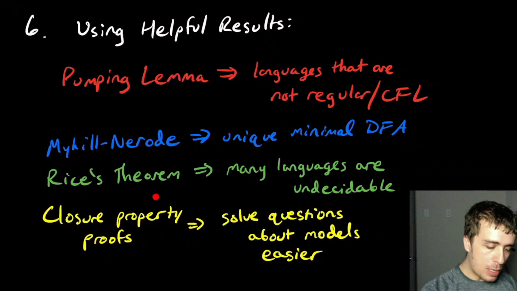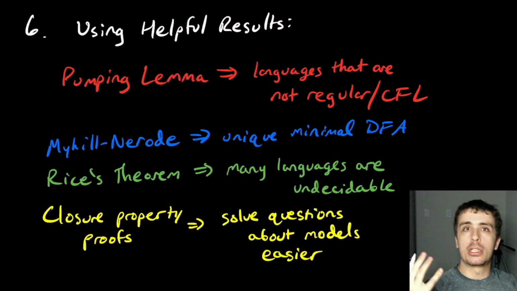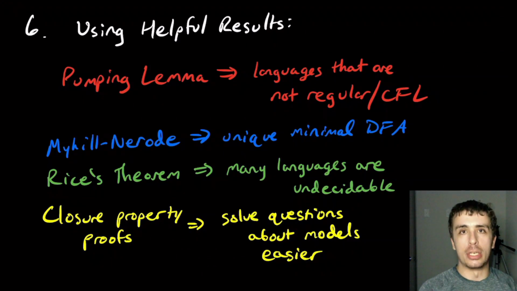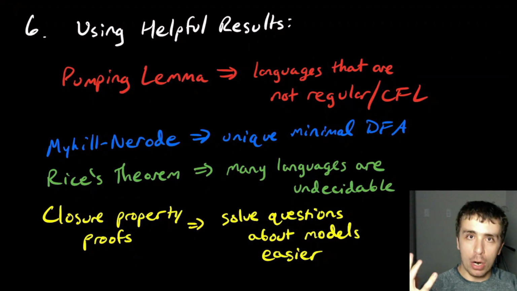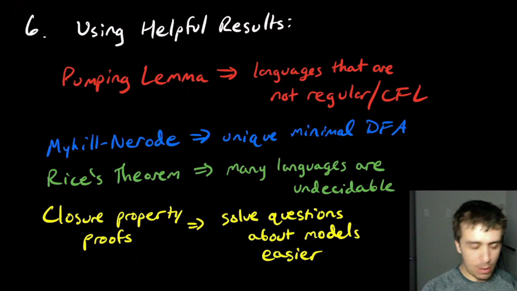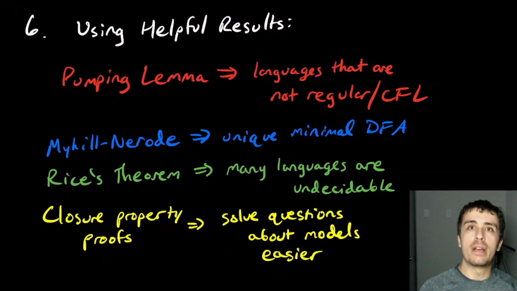And if we look at closure properties, so maybe some set of languages is closed under union and intersection and complement, if they're closed under those three things, like regular languages are, then you can solve the equivalence problem. So if I have two DFAs, I can check whether or not they really are the same language. Well, we could use this, but there's another proof that we can show that they're equivalent.